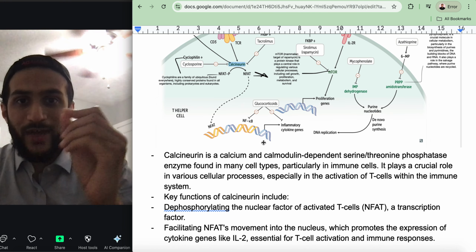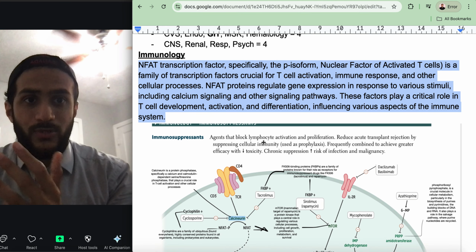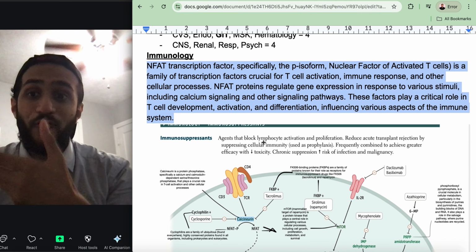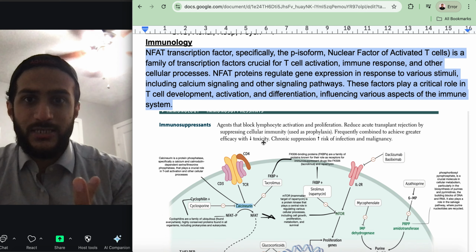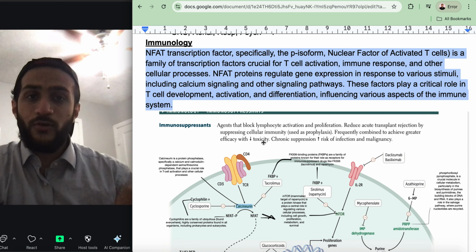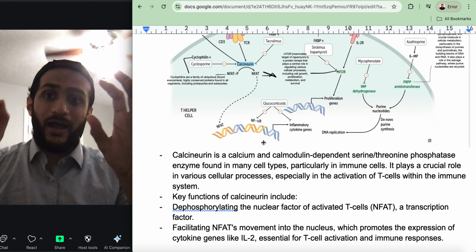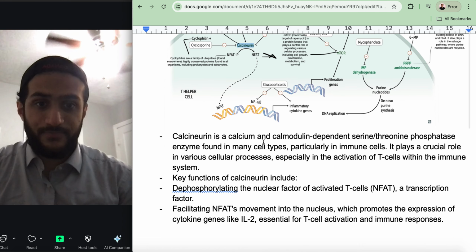Basically, we have NFAT, which is the nuclear factor of activated T cells. Okay, so nuclear factor of activated T cells, and basically these are a family of transcription factors essential for T cell activation. So essentially, calcineurin acts on the nuclear factor of activated T cells.